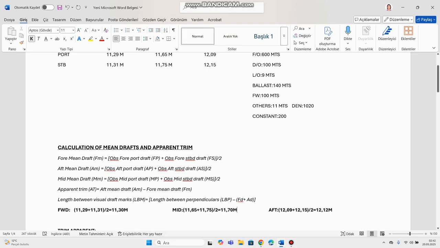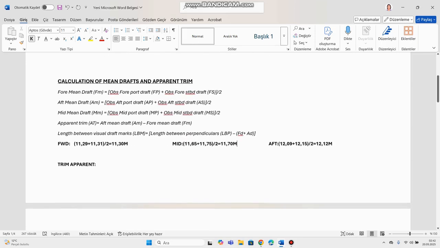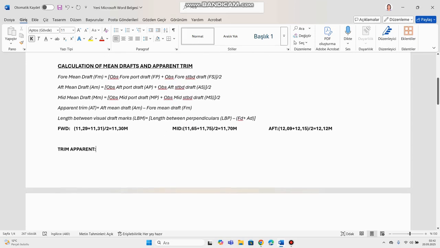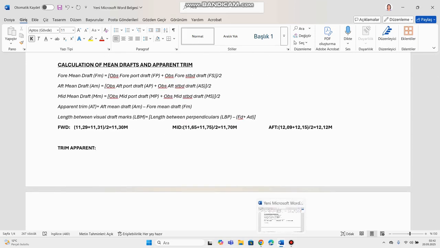We found our apparent drafts, and we will find our apparent trim. Trim apparent is aft draft minus fore draft.